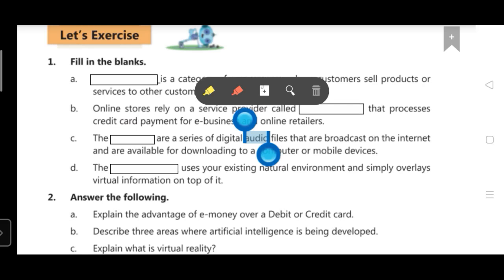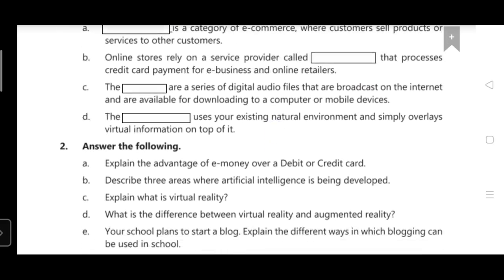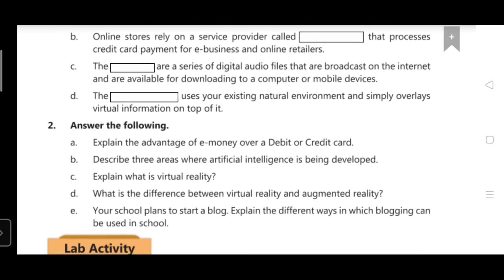Question number 2. Answer the following. A. Explain the advantages of e-money over the debit card or credit card. What do you think? You can tell me in your own words. I will send the answers to you. Tell me in your words. What is the difference between e-money and debit or credit card?